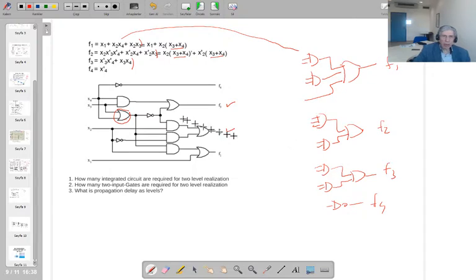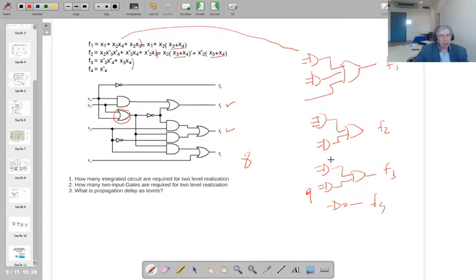So compare now this one, how many gates we have used, don't count the NOT gate, 1, 2, 3, 4, 5, 6, 7, 8, 8 here. Look at this one, 1, 2, 3, 4, 5, 6, 7, 8, 9, 9 here. So this is better than this one, isn't it?